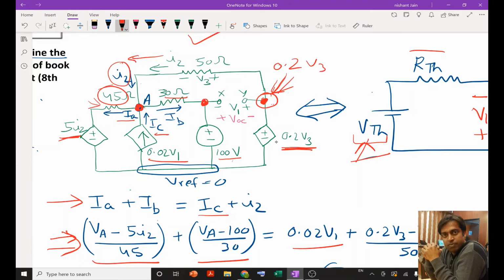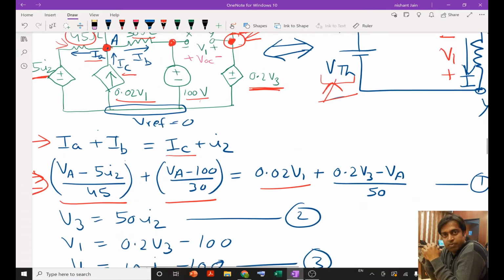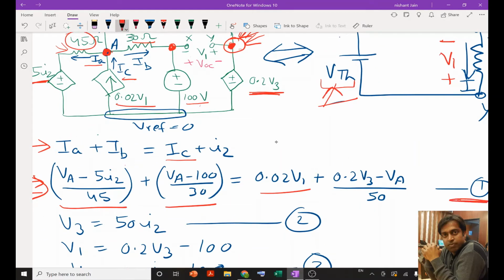So the current will be 0.2 V3 minus VA upon 50. This will be our first equation.